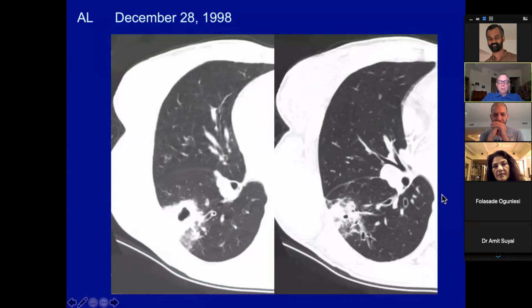So here is case number 1. She was in her early 20s with relatively advanced cystic fibrosis, clinically not so much radiologically. She came with a fever, severe cough and discomfort, and the CT scan eventually led to these findings here. You see that there is some collapse or inflammation with potential cavitation.